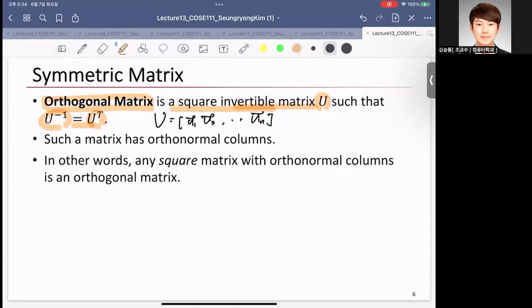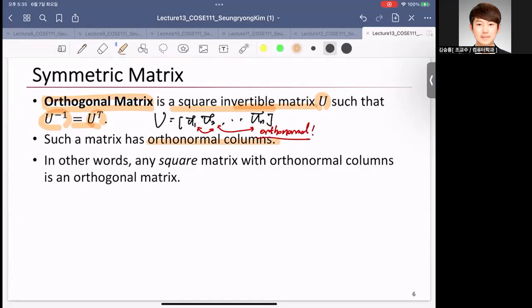This kind of orthogonal matrix has orthonormal columns, so the columns should be orthonormal to each other. So this is an orthogonal matrix.